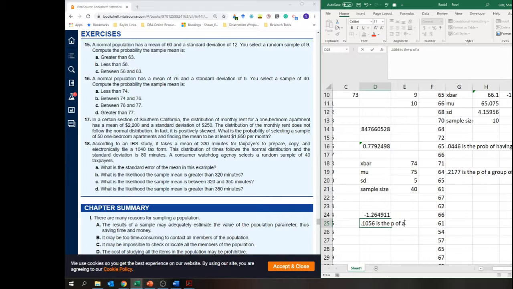Probability of a sample of 40 having a mean of 74 or less compared to all other samples of 40.